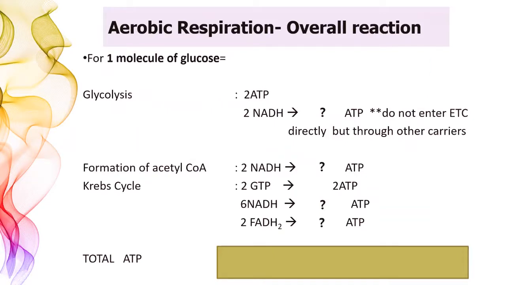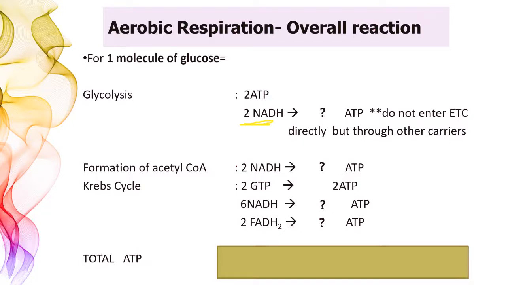Based on the overall reaction, from 1 molecule of glucose, glycolysis can actually already produce 2 ATP. This ATP produced from glycolysis is from substrate level phosphorylation. Other than the 2 ATP, there are also 2 NADH from glycolysis. This NADH will need to enter mitochondria so that they can donate their electrons to the electron transport chain for generation of ATP.